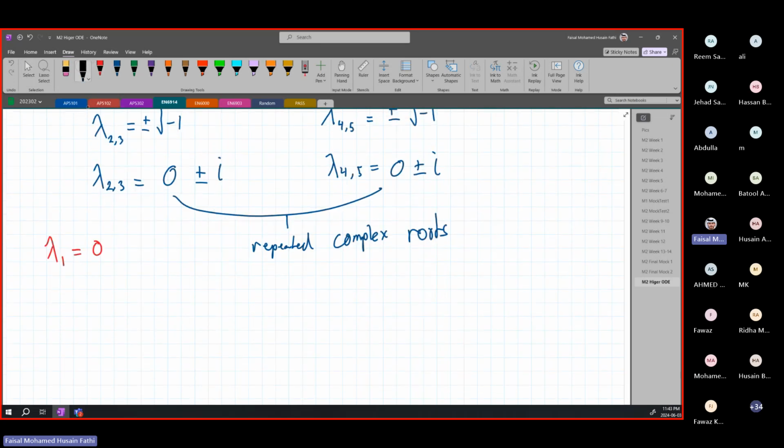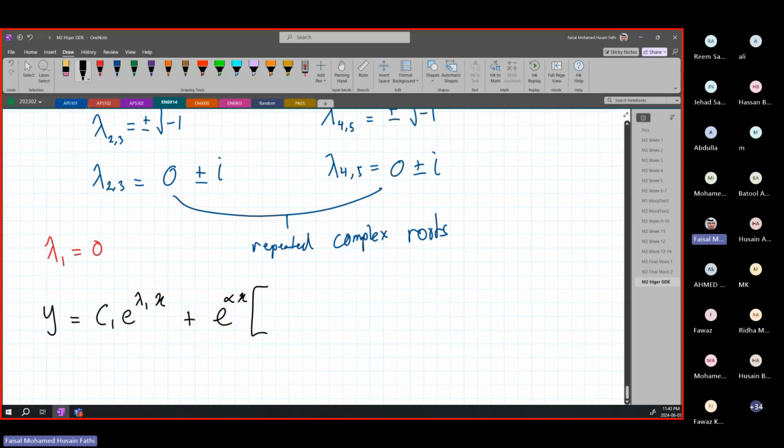So now when we want to write our general equation, y is equal to, for lambda 1, it's just the basic form, which is c1 e to the power of lambda 1 x. Now here, plus e to the alpha x times c2 cosine of beta x plus c3 sine of beta x. So far, it's good. Then we have a complex number, so we know this is going to be the general form.